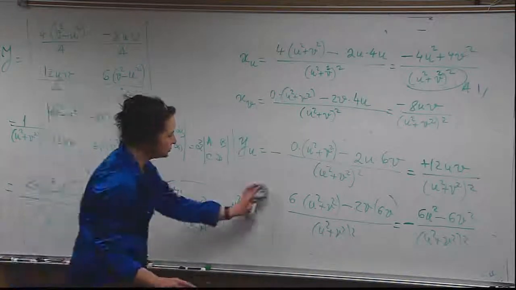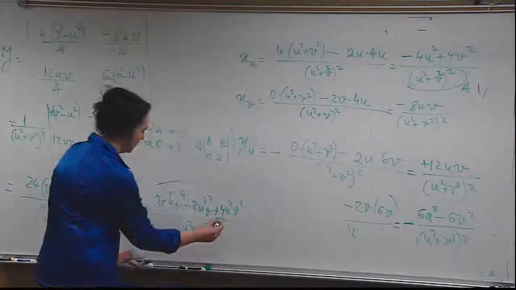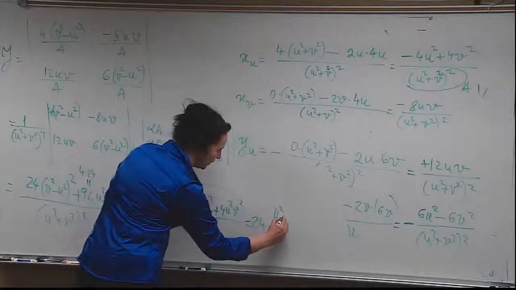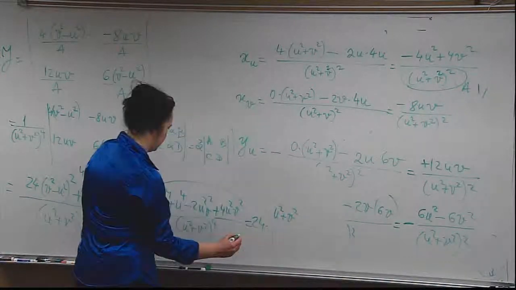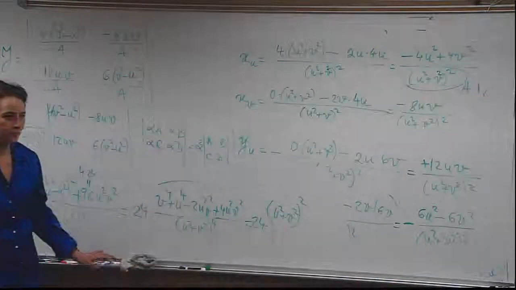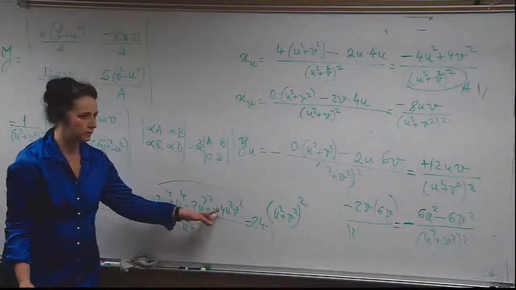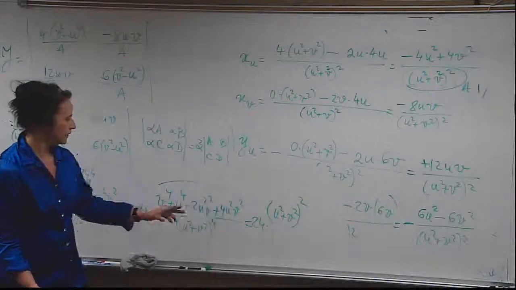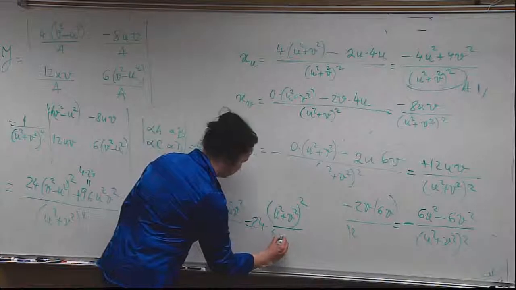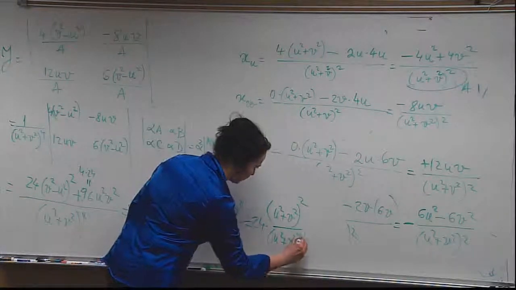Just like you did those tricky things in high school. That will be, again, the binomial formula, u squared plus v squared squared. Are you guys with me? Because minus 2 plus 4 is plus 2. This is exactly the same thing as that. Over u squared plus v squared to the 4th.